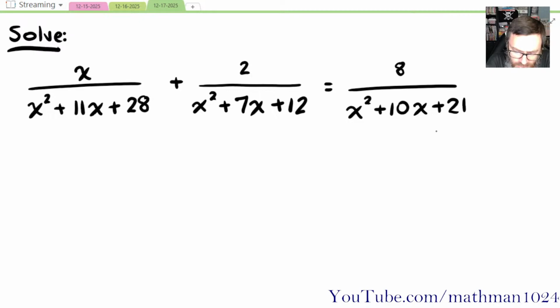We want everybody to have the same denominator, and the best way to do that is to focus on the factors, like what pieces make up each of these denominators. So we're going to look at them one denominator at a time, factor them, and then put in the missing factors.